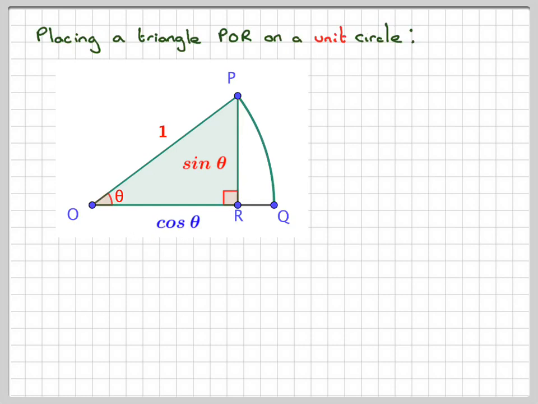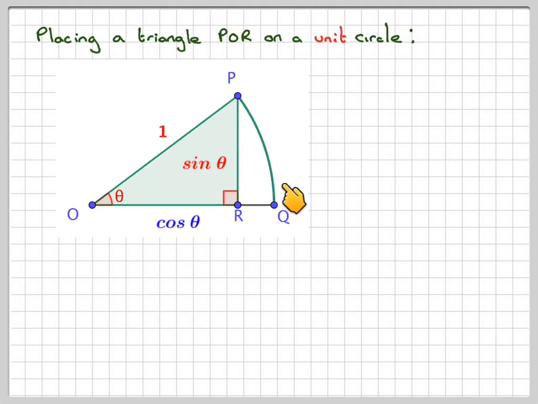Again, don't forget theta is measured in radians. Sine is opposite over hypotenuse, which is sine theta over 1, and cos is adjacent over hypotenuse, so it's cos theta over 1. So this length has to be cos theta, and this is sine theta, if this hypotenuse is 1.